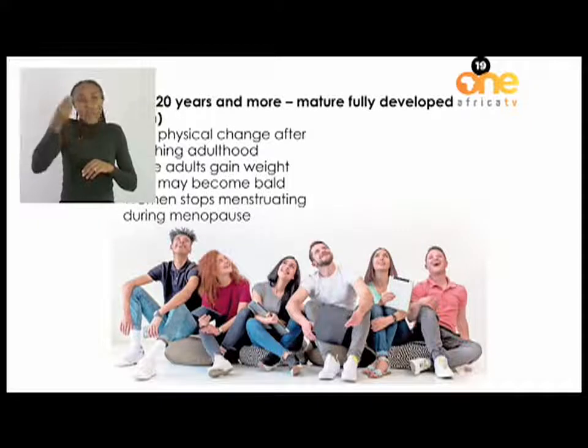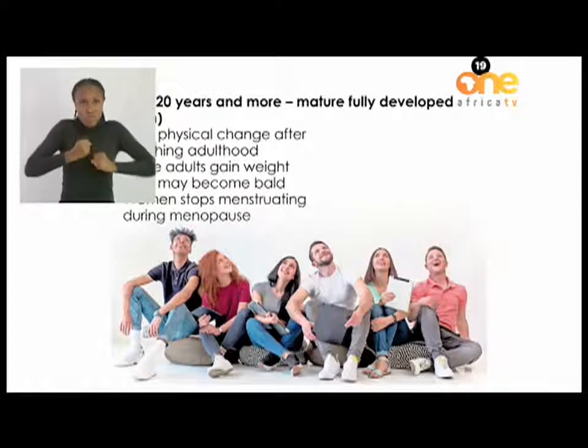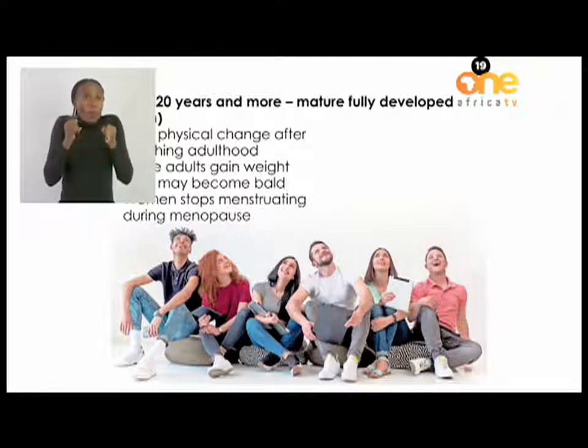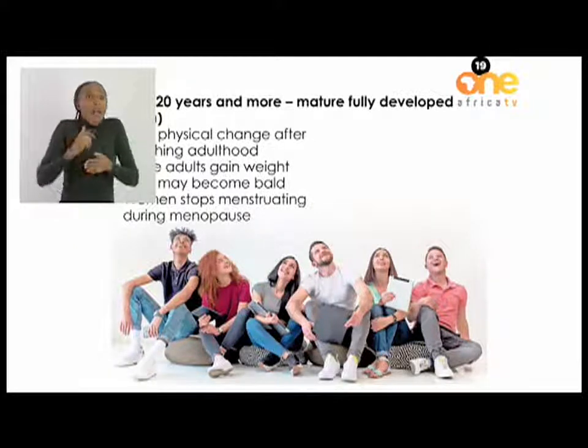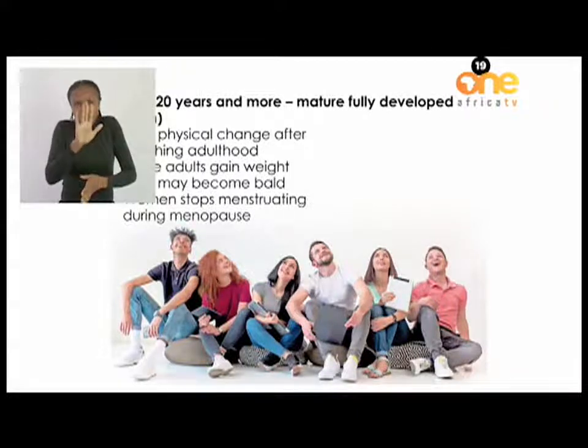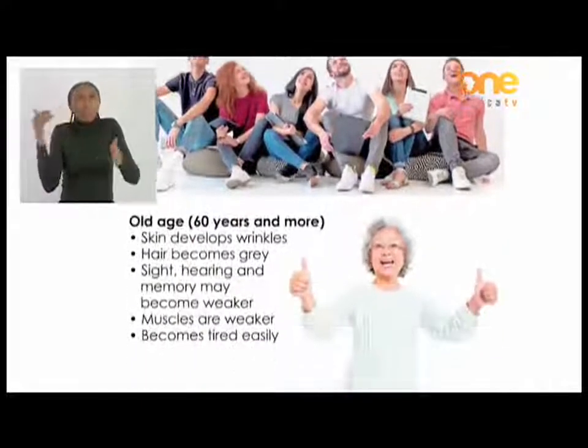The only thing that normally changes with them is the body size. Either they become bigger or a little bit smaller. Okay? Men may become bald, and at some stage also, women stop menstruating during menopause. Some of these things we are also going to learn deeper about as time goes.